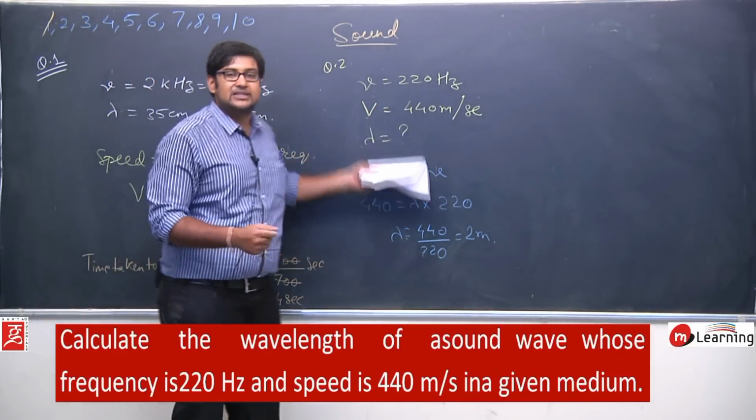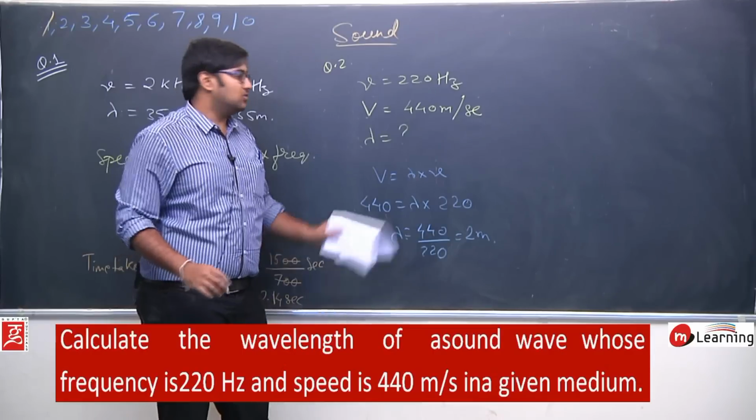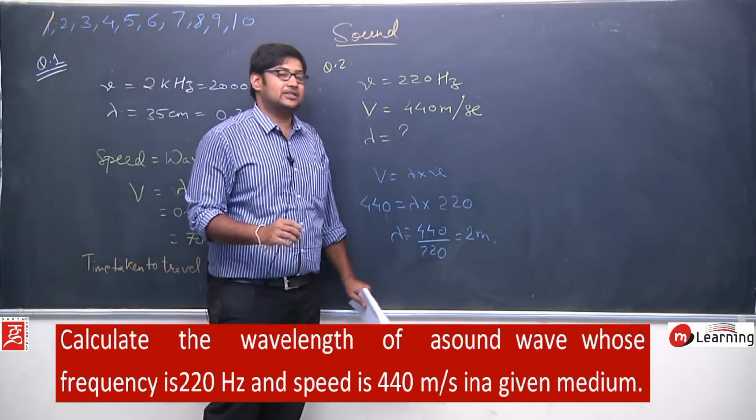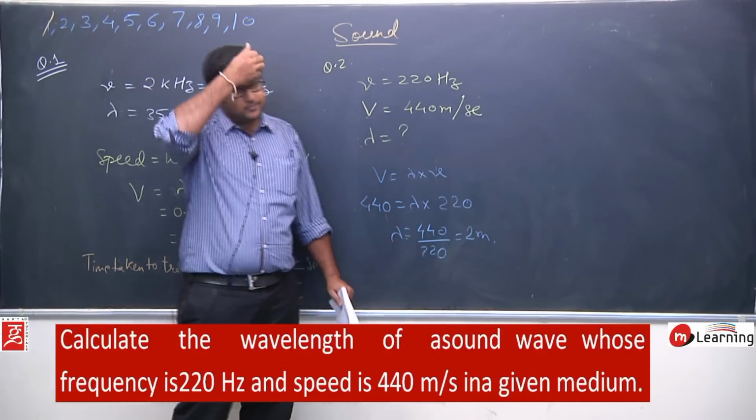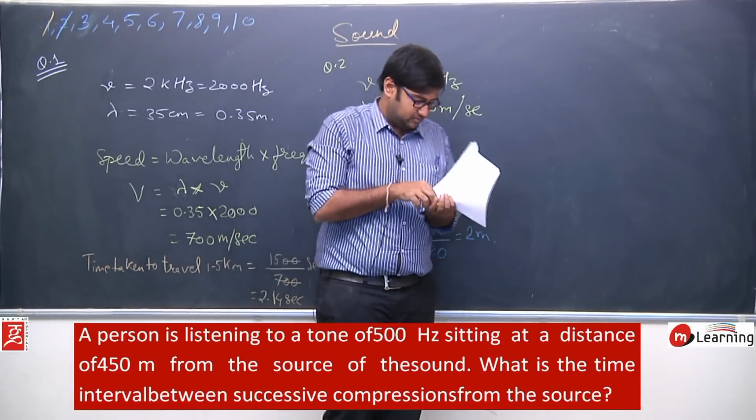So see, this is a very basic question. At this point of time in your class 9, only these basic questions would be covered in the syllabus, but we do not know. Okay, let's see the third question.